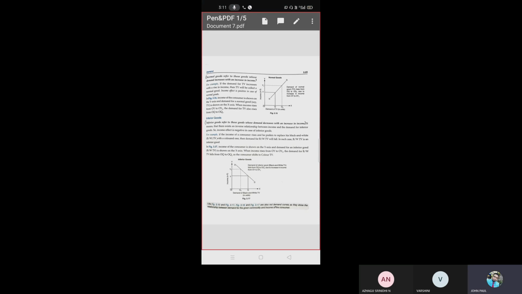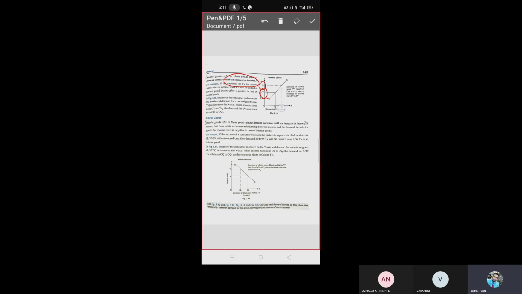So you can see, normal goods refers to goods whose demand increases with increase in income. For example, at Diwali time people will get bonus. So when their income increases, what will happen?